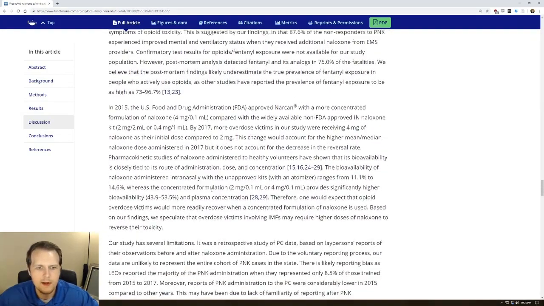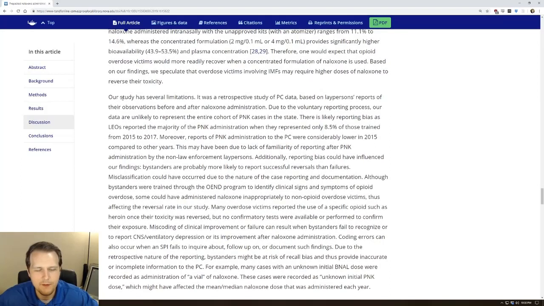And again, it talks about limitations here. If a study doesn't mention any limitations, they're probably lying, or maybe they're not under the most rigorous scrutiny that you might expect in good, reputable peer-reviewed journals, things like that. Here they say, okay, we have several limitations. It was a retrospective study of poison-center data. Obviously doing prospective studies would be much better, but maybe it's really hard to do that.